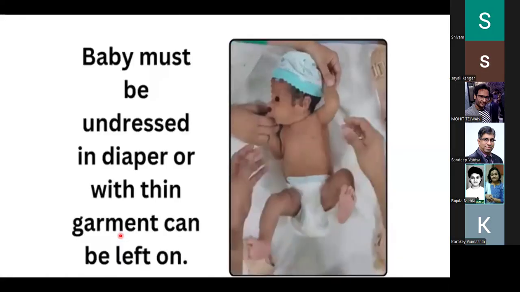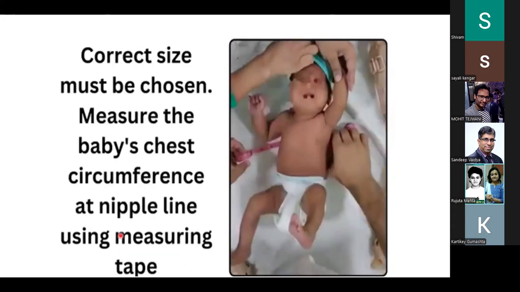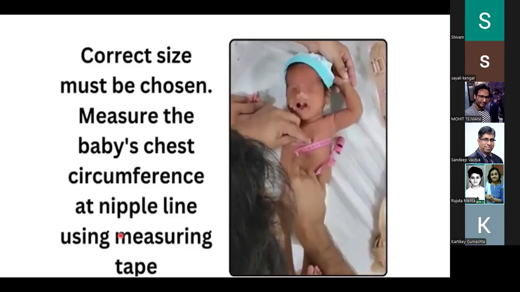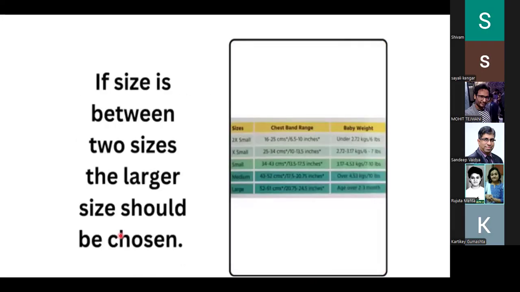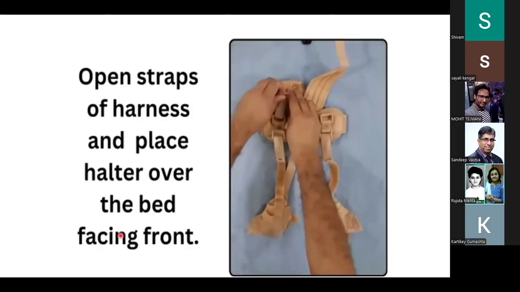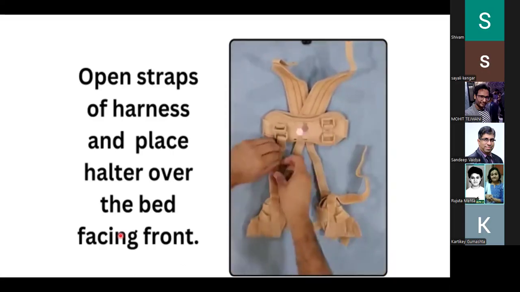This video shows how to apply the Pavlik harness. The baby should be undressed and the correct size should be determined by measuring the chest circumference of the baby at the level of the nipple. These harnesses are also available ready-made. If there is confusion, one larger size should be used.